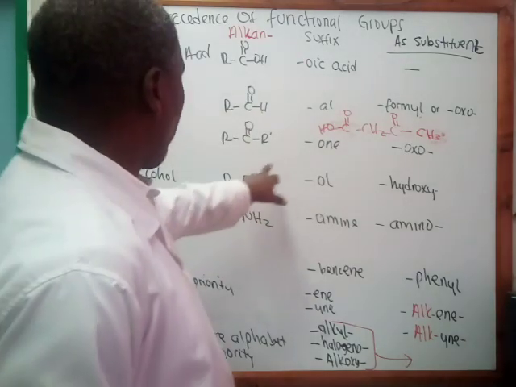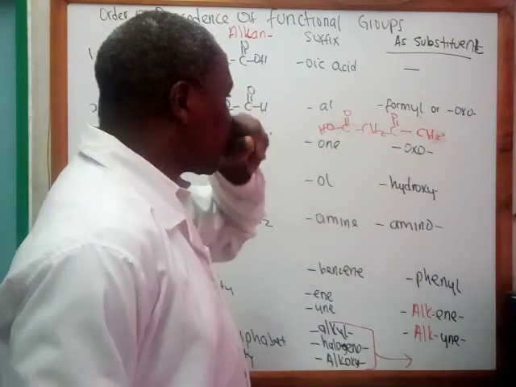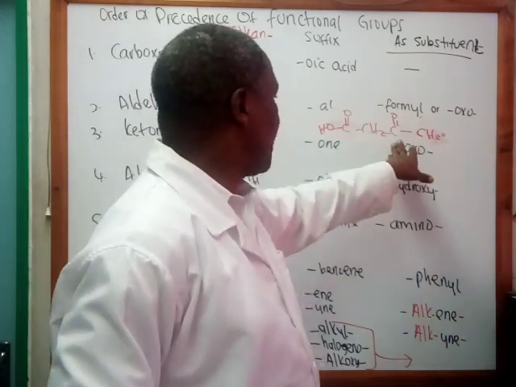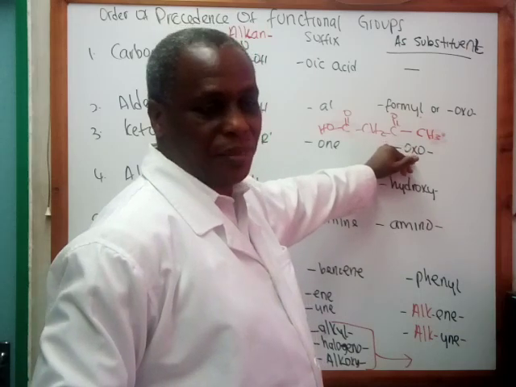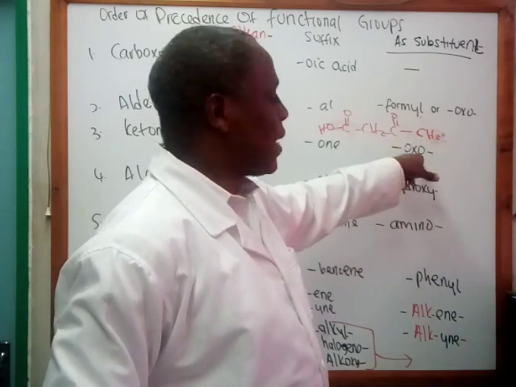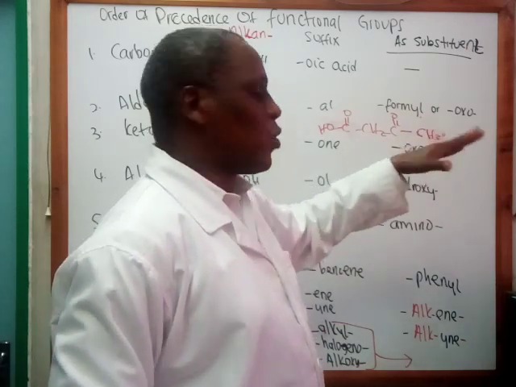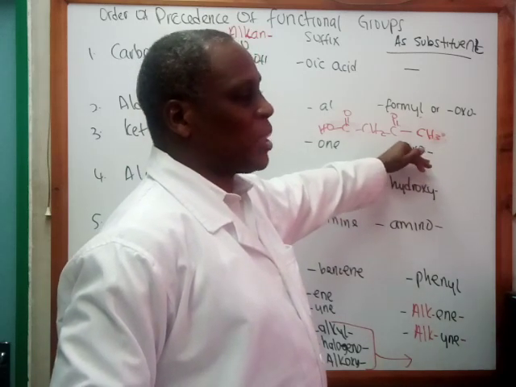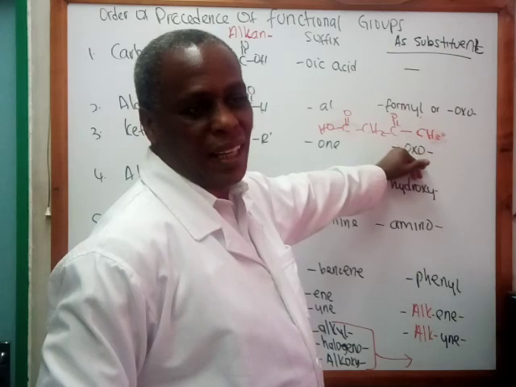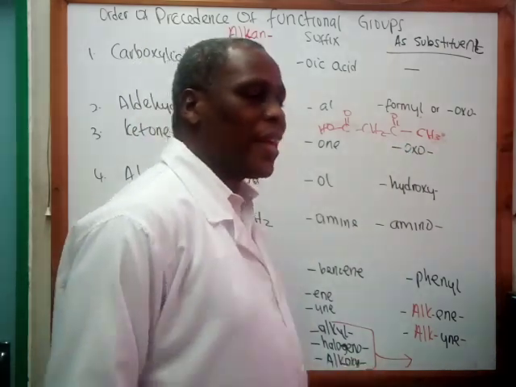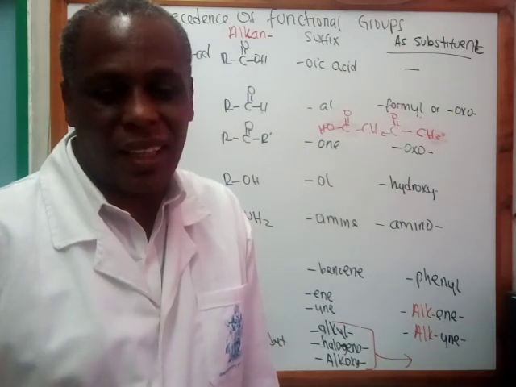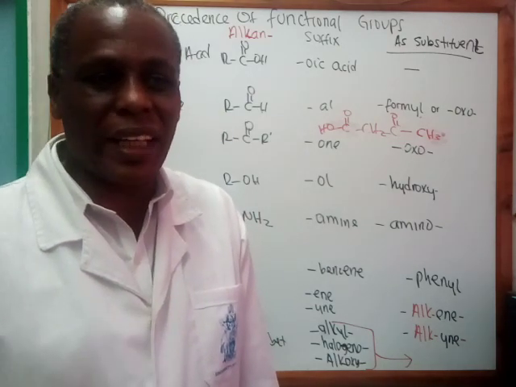So in this case, you can use the oxo to denote the position of a ketone, which will be on a position other than the terminal position. For example, if I'm talking about heptanoic acid, that means it is 7 carbon atoms.